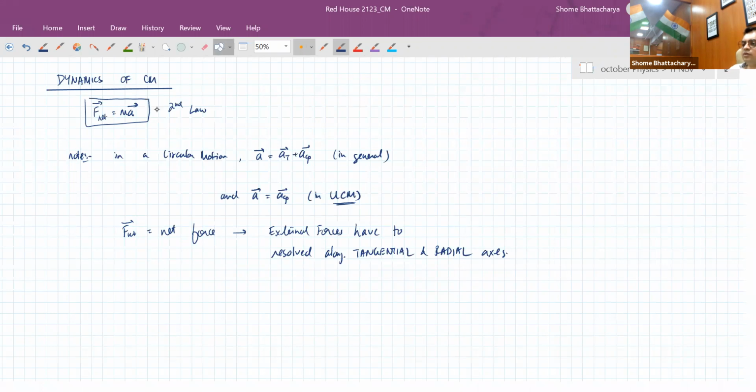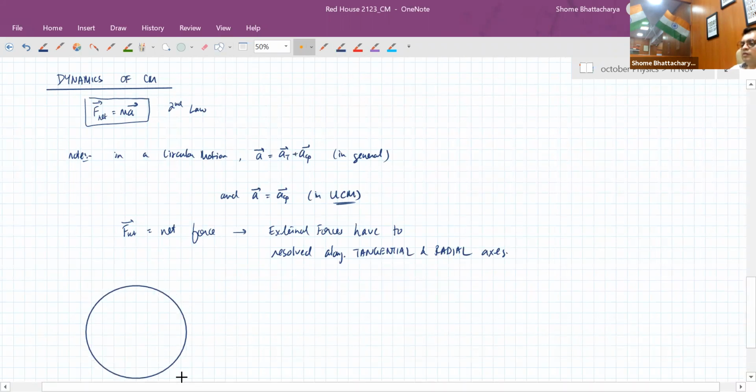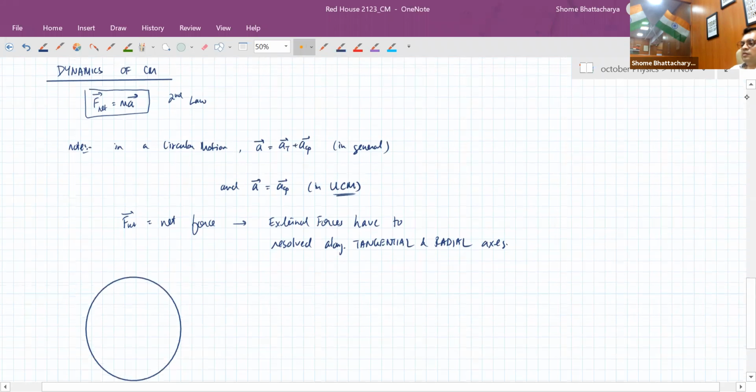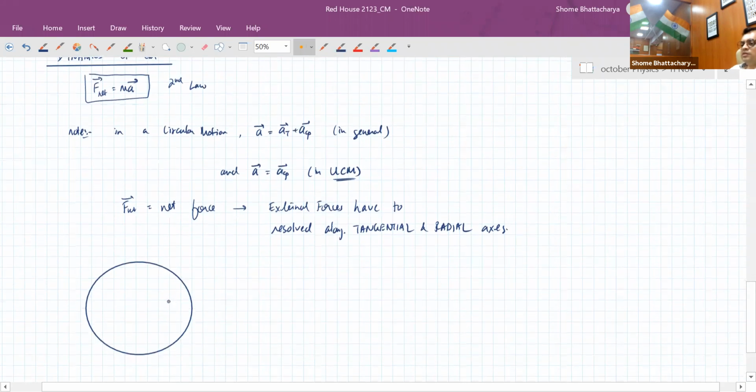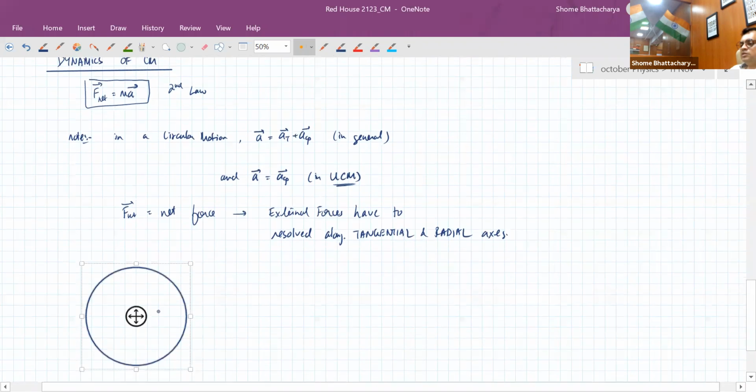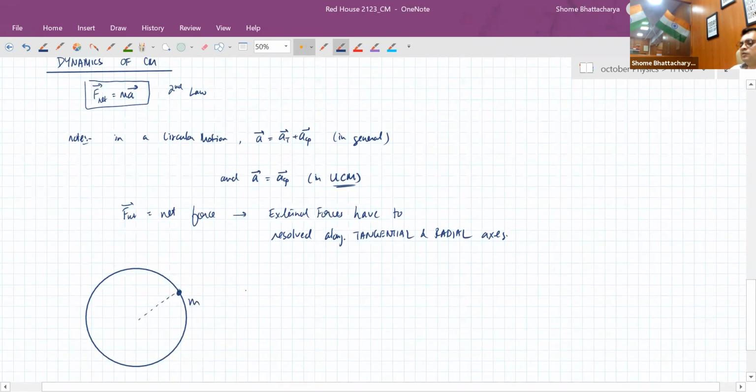Okay, so if in general a particle is at some point of time over here in its circular motion path, and as it is going in circular motion, it has an acceleration like this. So whatever forces are acting on it, suppose F1, F2, some combination of forces is acting like this.